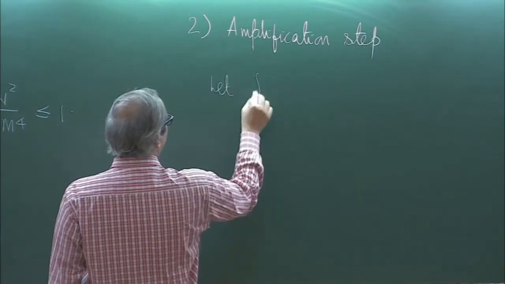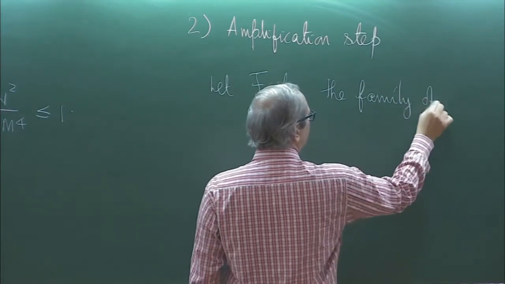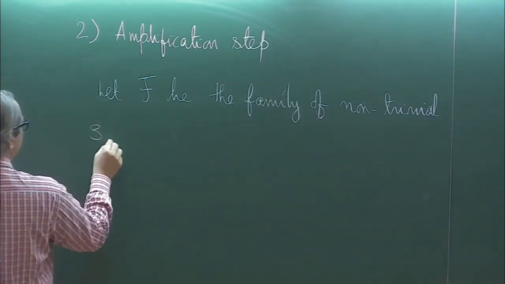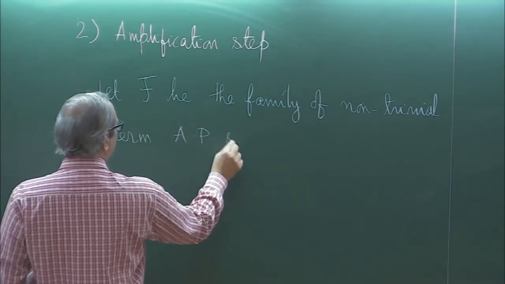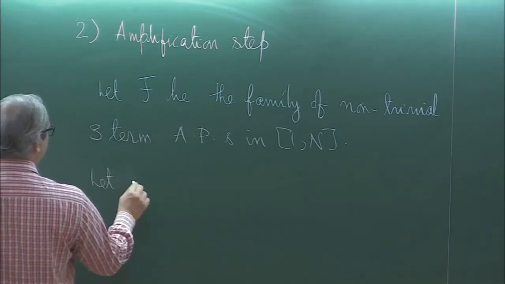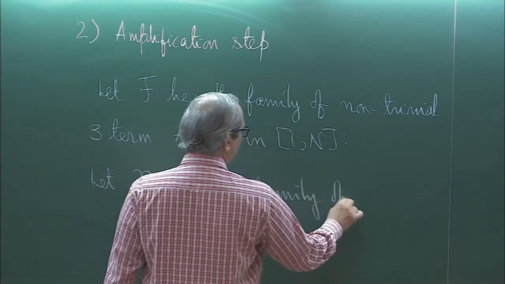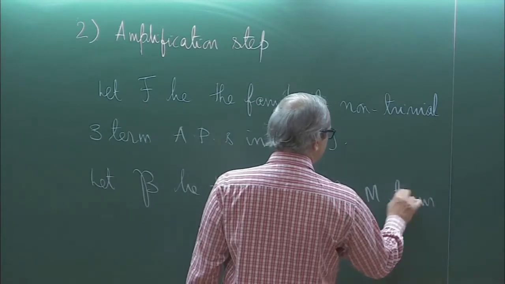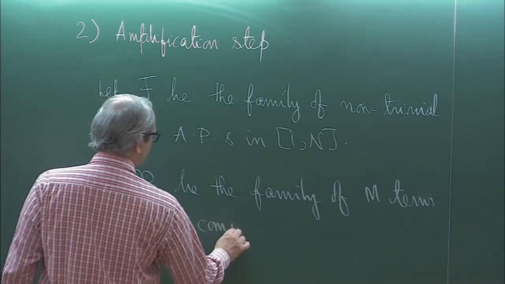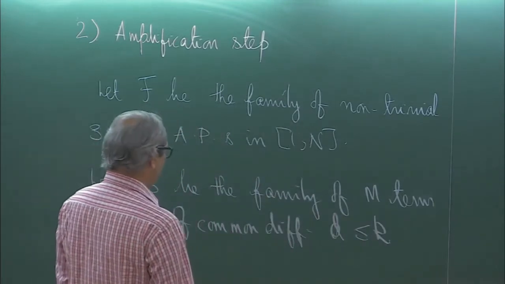So we say let F be the family of non-trivial 3-term APs in 1 to n, and let beta be the family of m-term APs of common difference d less than or equal to k in 1 to n.